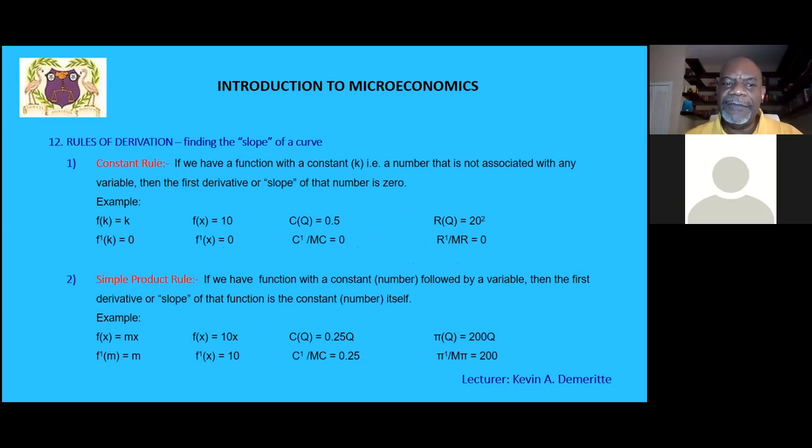So if you have a function with a constant in it, the slope of that function as it relates to that number has to be 0, because remember, a slope by definition is the rate of change. But since a number cannot change, a number cannot have a rate of change, so the rate of change of any number must be 0.